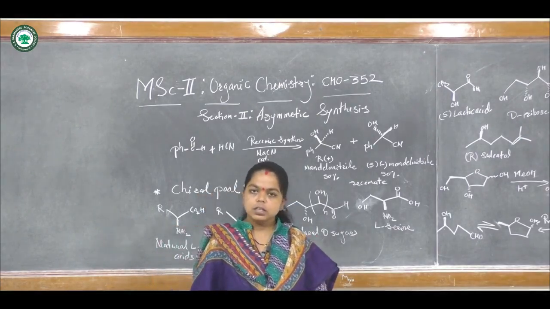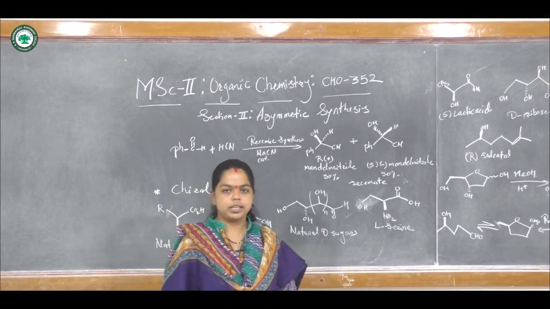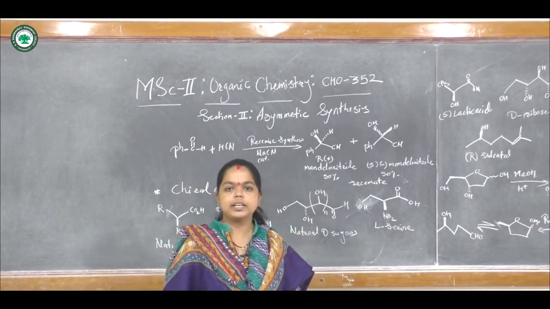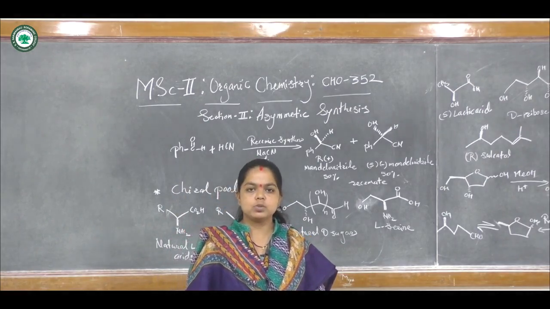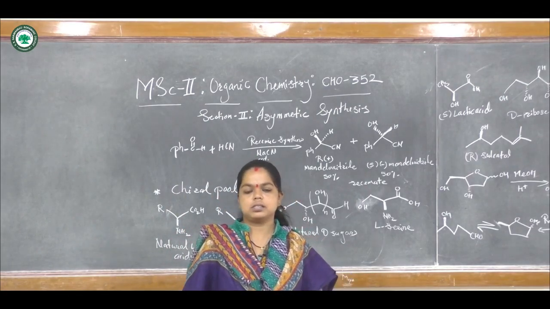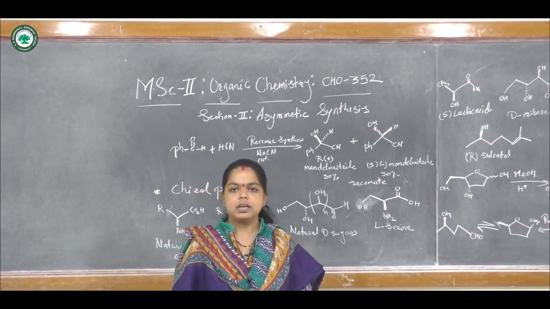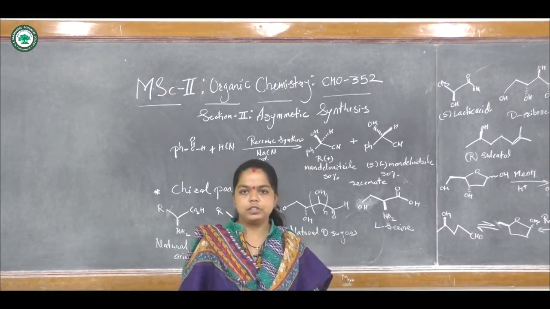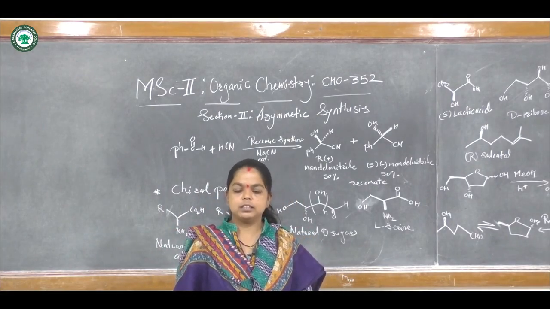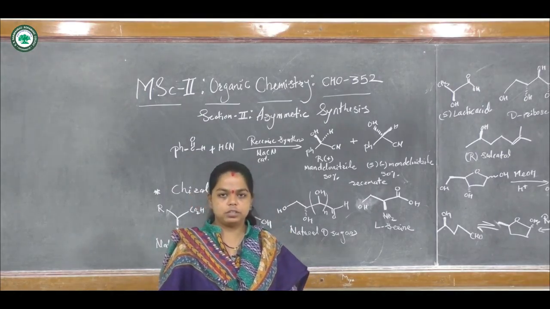Asymmetric reactions are also called enantioselective reactions, or enantioselectivity. Enantioselectivity refers to the synthesis of a single enantiomer as the major product, or synthesis of only a single enantiomer in a given reaction.